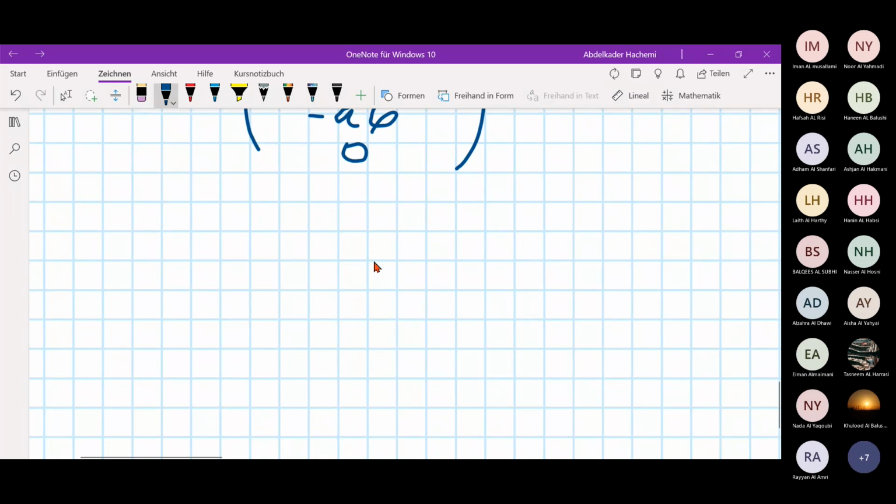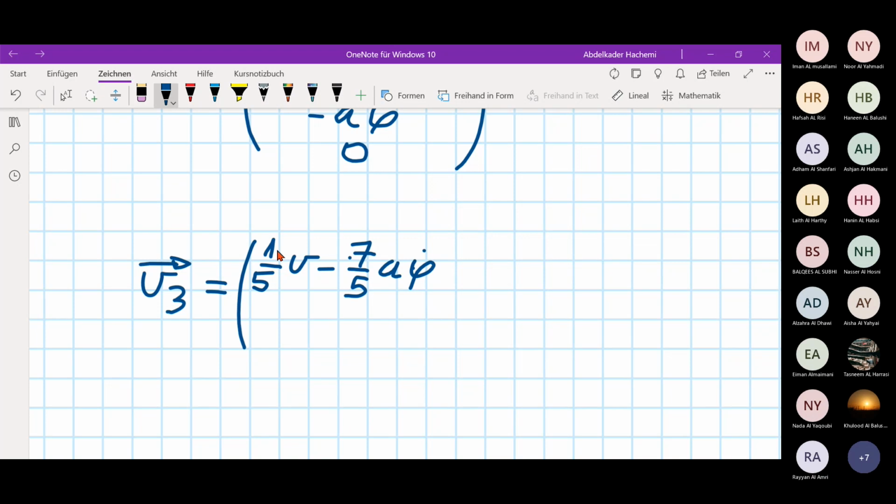Now, if we look to V3, the same principle. If we develop, we will get 1 divided by 5 V minus 7 divided by 5 A phi dot in y direction. It's A phi dot and 0 in z direction.